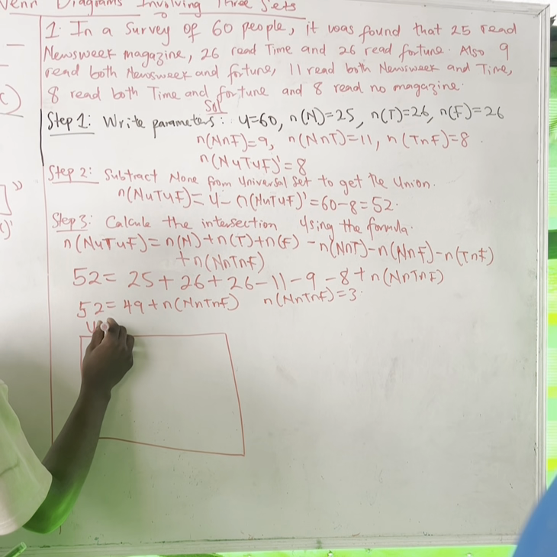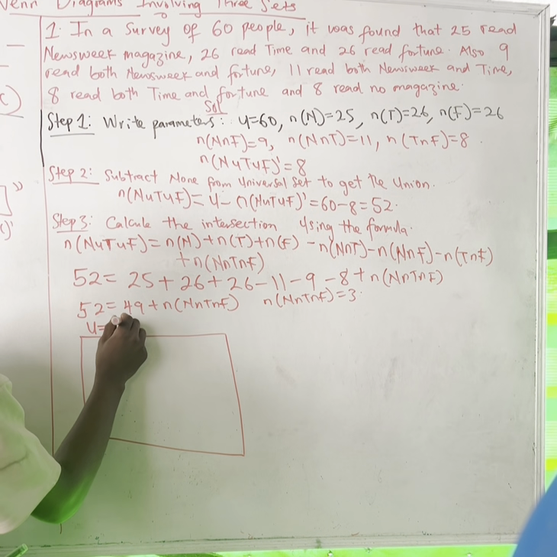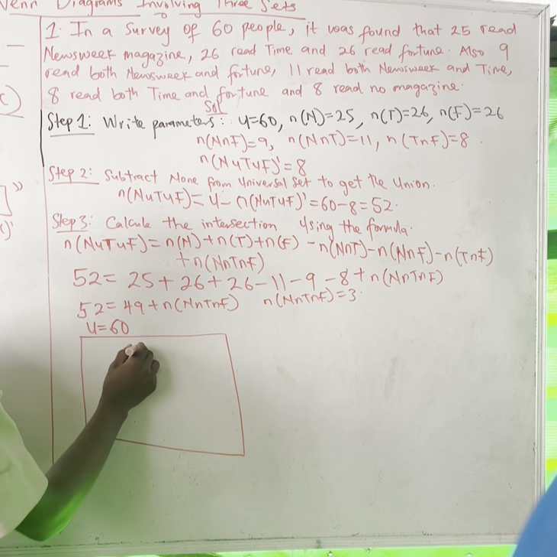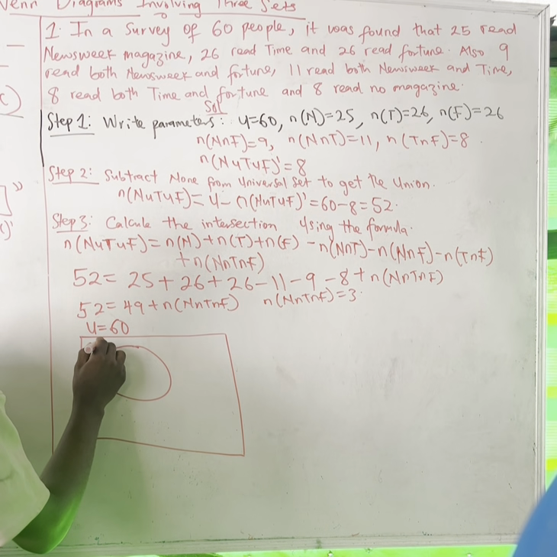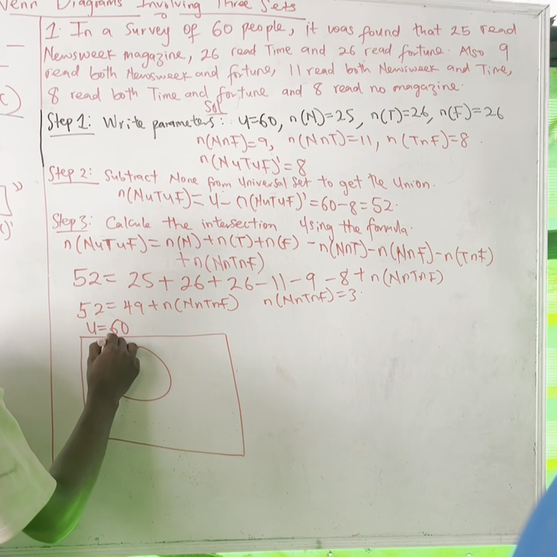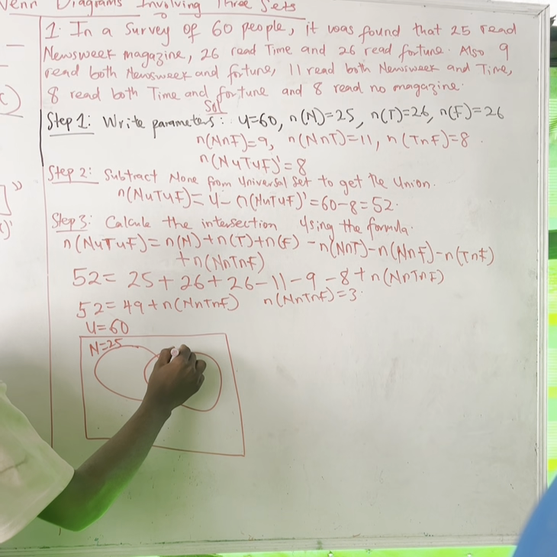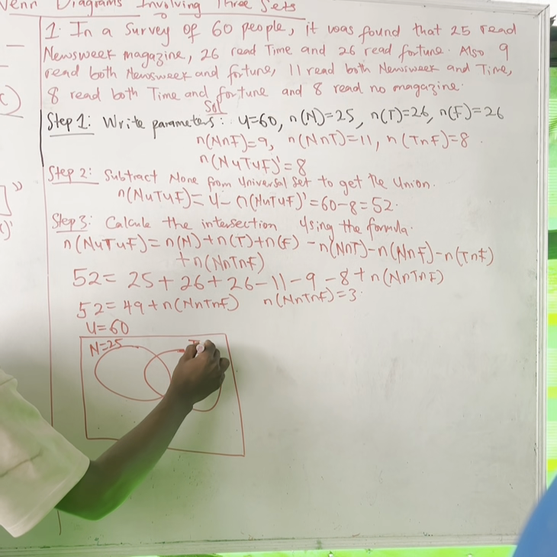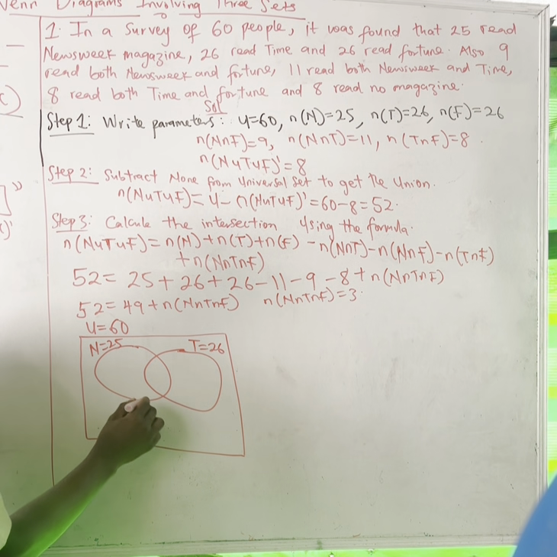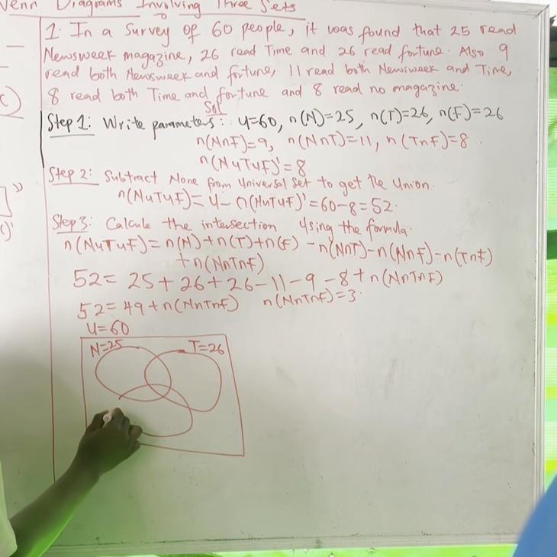The universal set is equal to 60. I will draw the first set. This is N, that's equal to 25. Draw the second set. That is T, that's equal to 26. Draw the third set.